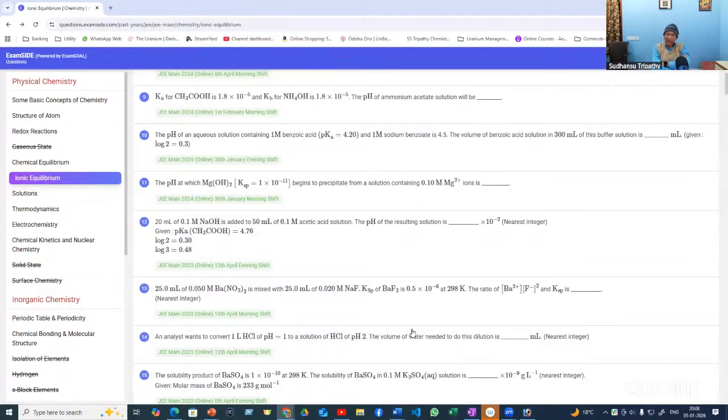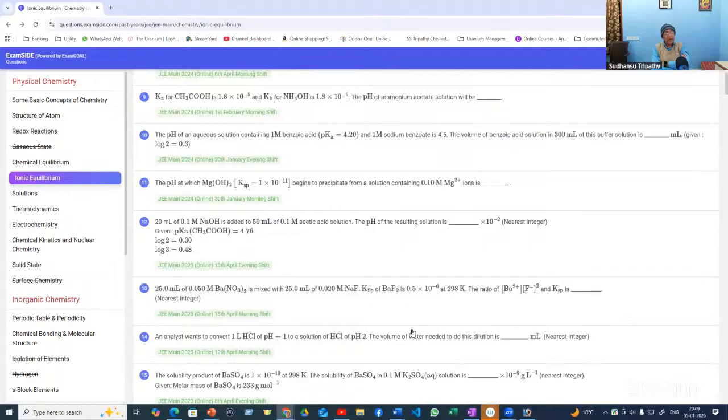However, you can try, this is an easy one, you can just guess and see. The pH of an aqueous solution containing 1m benzoic acid. If the pK value is 4.2 and the pH is 4.5, obviously the salt and the acid concentrations are not the same. So 1m, that means you have to presume that before adding it was 1m.